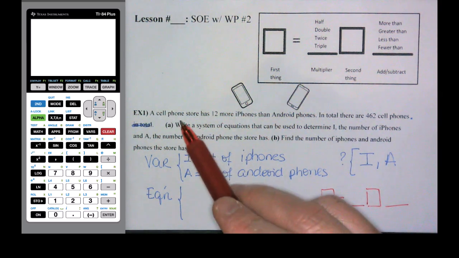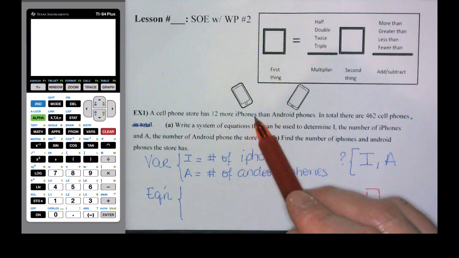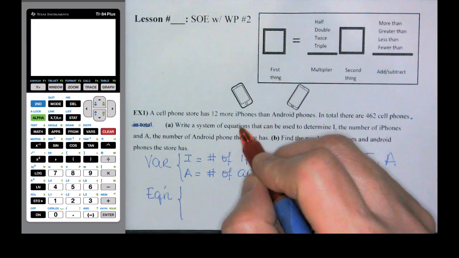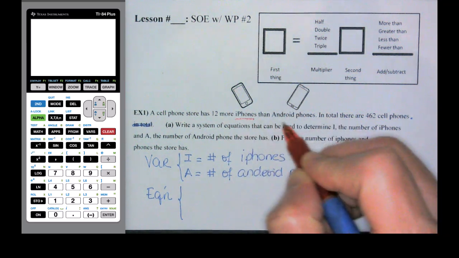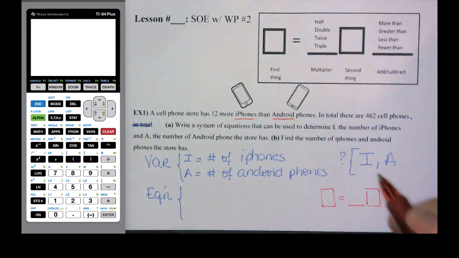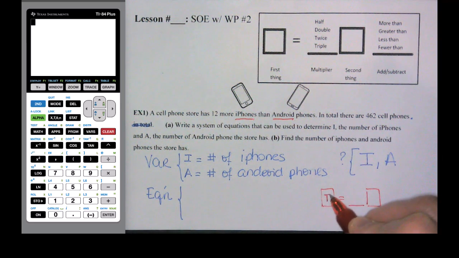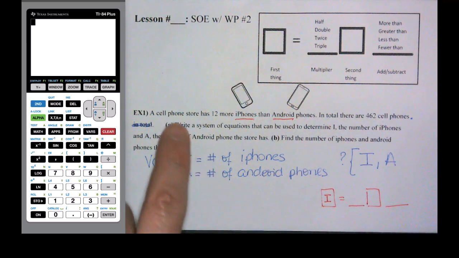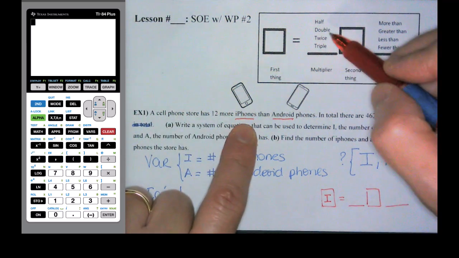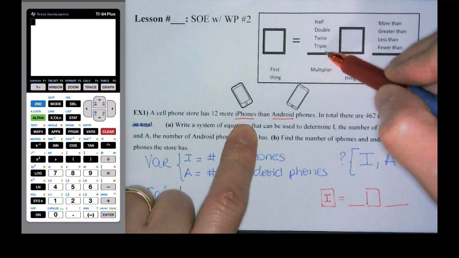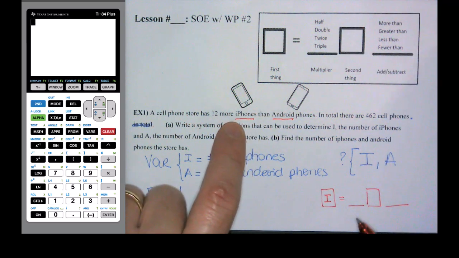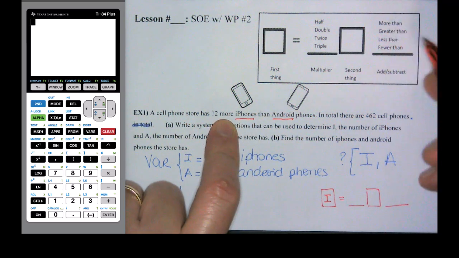So a cell phone store has 12 more iPhones than Android phones. So I see the iPhone comes before Android phone. So that means I is going to go in the first box. I don't have any word that means multiplication, such as half, double, twice, or triple. But I do have 12 more, which is plus 12.